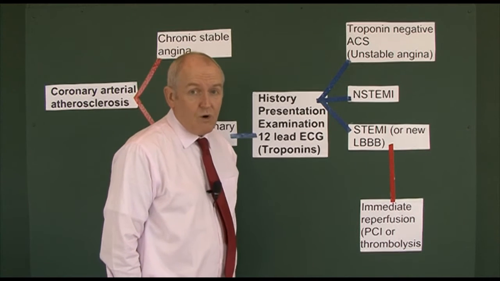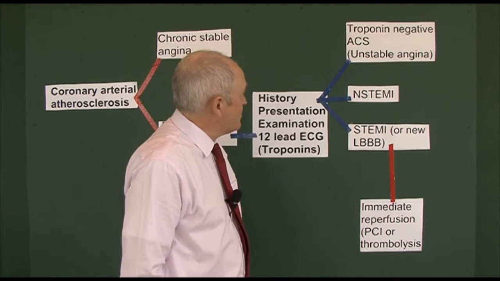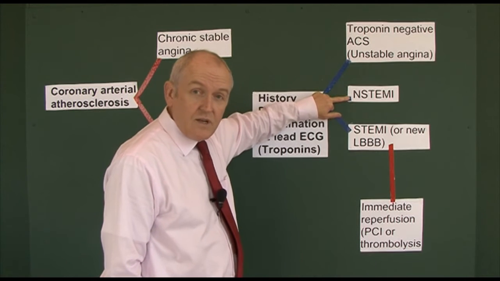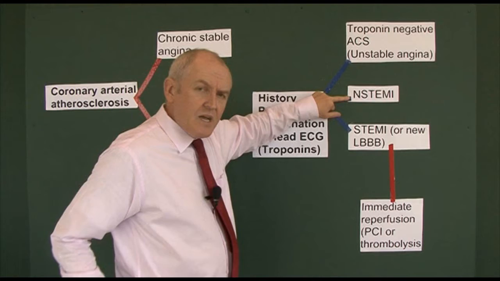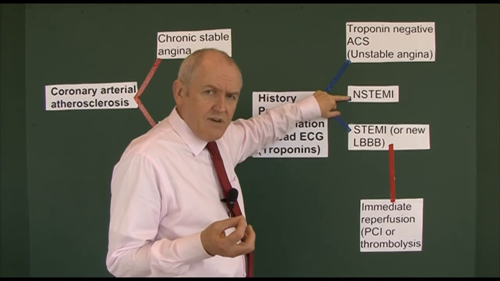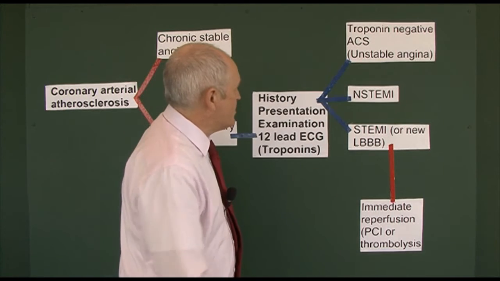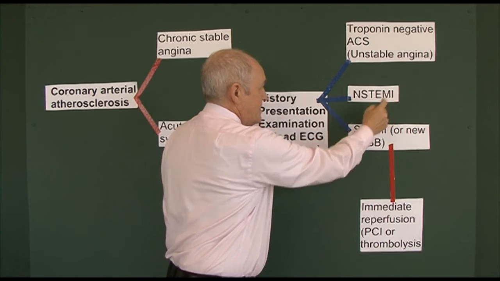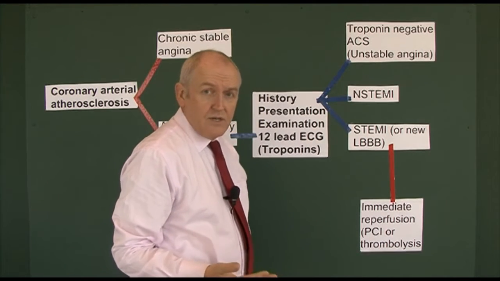But if there's more white thrombus in the coronary artery, then there will be enough occlusion to cause the release of troponins, but still not enough to cause ST elevation. That's why we call this a non-ST elevation myocardial infarction, or a non-STEMI.